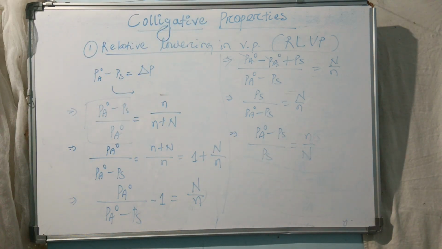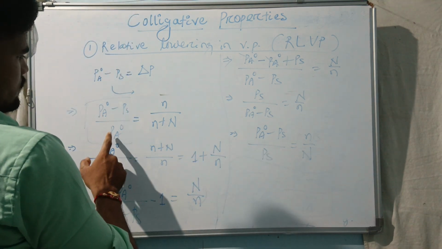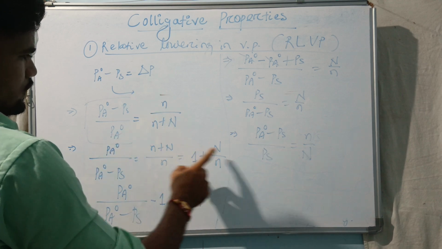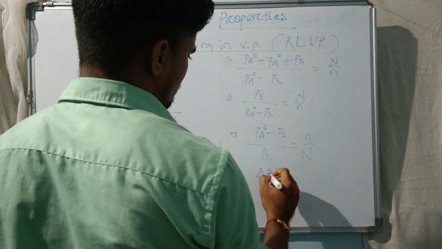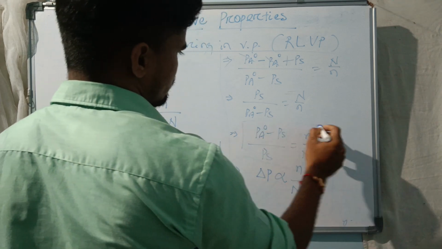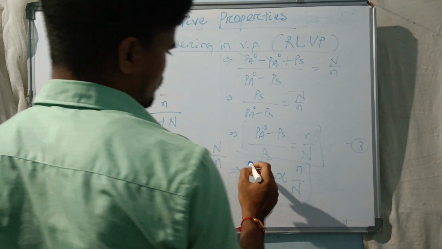So this is equal to PA naught minus PS upon PA naught equal to n upon n plus N. So this is delta P, which is proportional to n upon N. So this is the final equation.